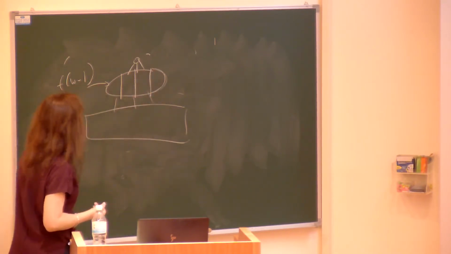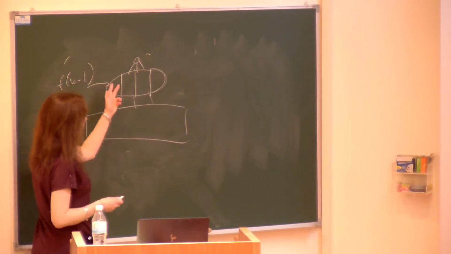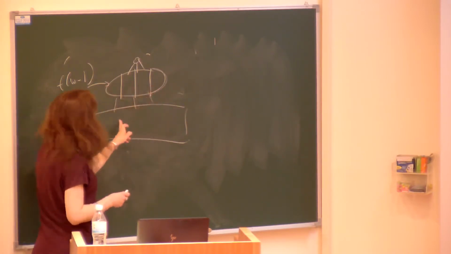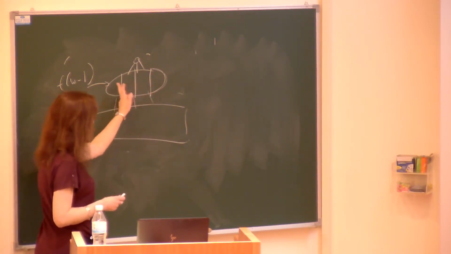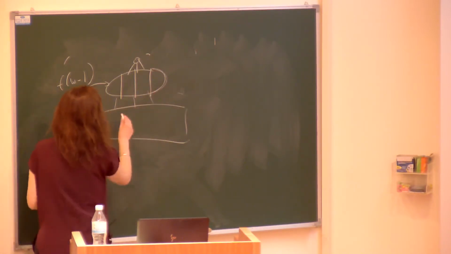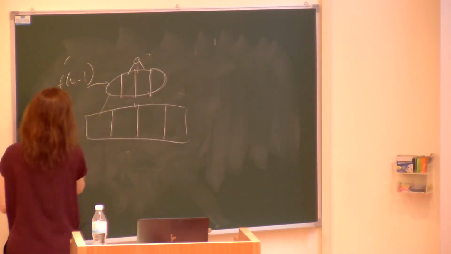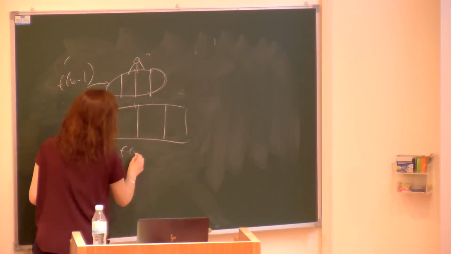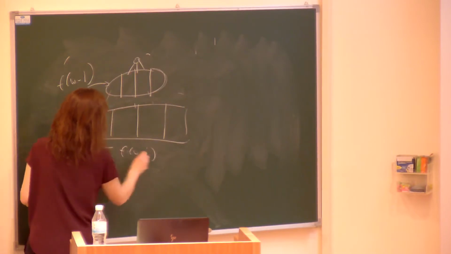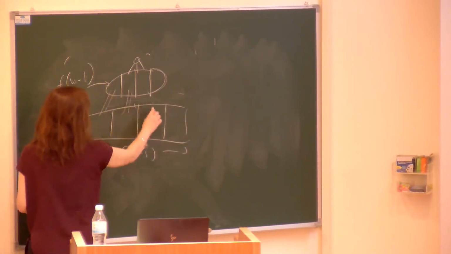Here they are. And now here, let's classify people by where they have parents. Somebody might have parents in several color classes here, so just pick one. Doesn't matter. So now this is also partitioned into f of omega minus 1 parts, and each part has parents in a color class.